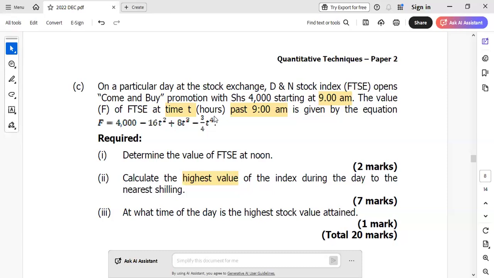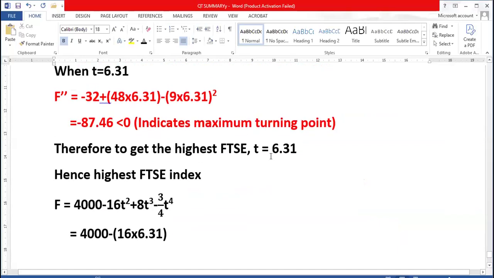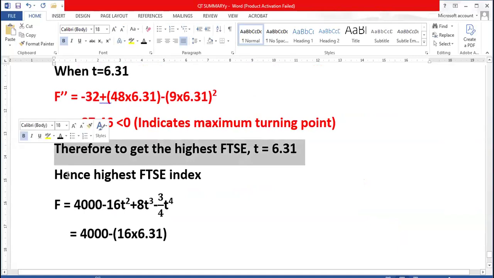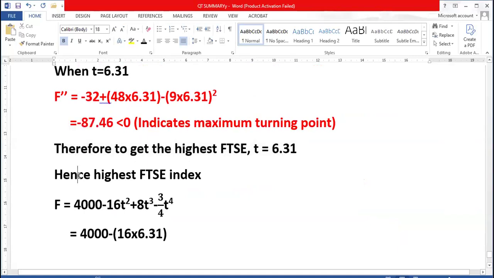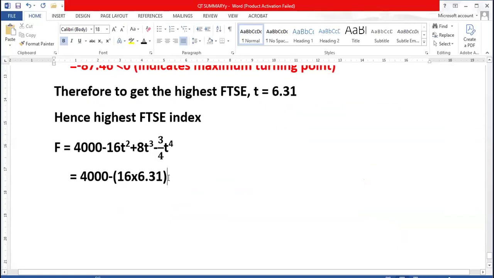It's not the time that is going to help you to get the highest value. If the question was about the time that can help you to get the highest value, you stop here. But here we want that highest value. So substitute here.